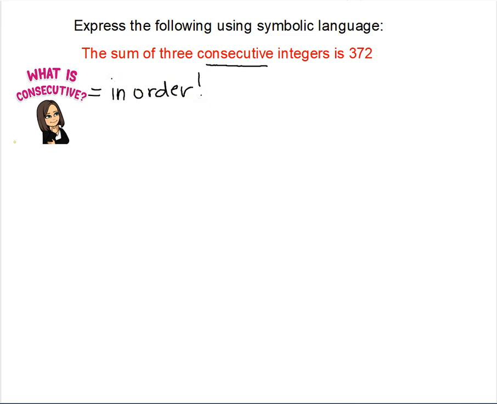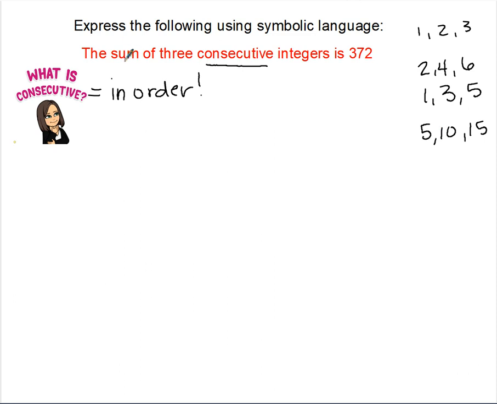So, could be 1, 2, 3. Could be evens, 2, 4, 6. Could be odds, 1, 3, 5. Consecutive means whatever you're counting by, it is in order. So if you're counting by 5s, 5, 10, 15, those are all consecutive. It just depends on what you're asking for.